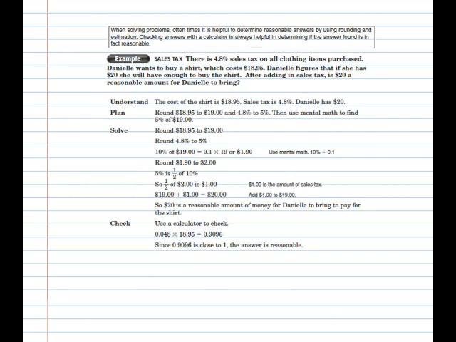If we calculate the exact answer by taking 4.8%, which we convert to a decimal, 0.048, times $18.95, we find the actual cost of the sales tax as being 90.9 cents, or about $1. So it is a reasonable answer.